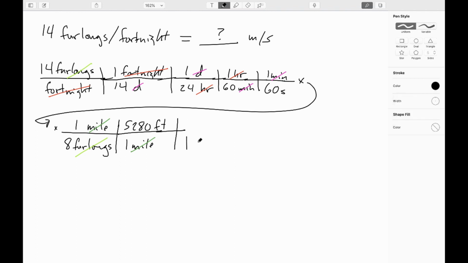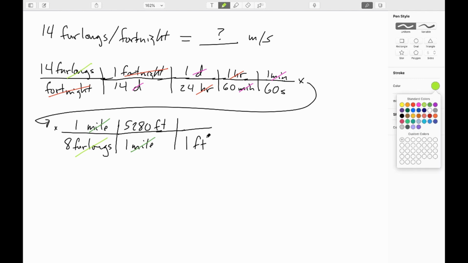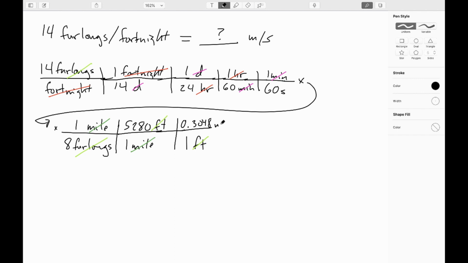So I can put 1 foot in the denominator. So again, the feet cancel, as long as I put what a foot is in the numerator. And in the numerator, that will be 0.3048 meters. Because since we're doing standard American equivalents here, by definition, that is exactly a foot.